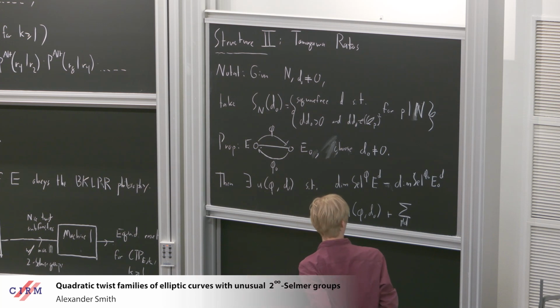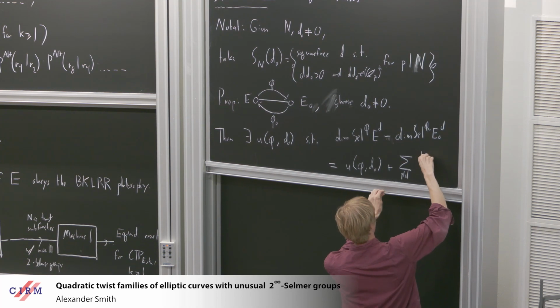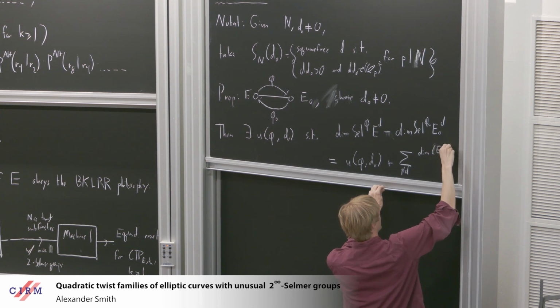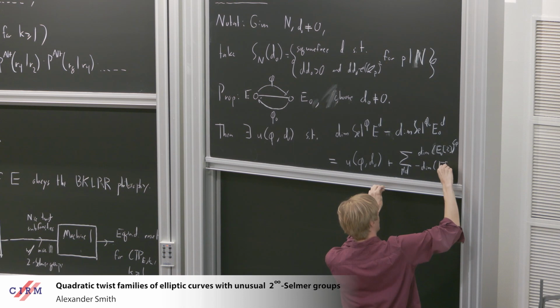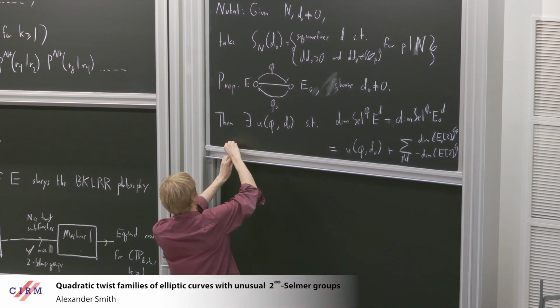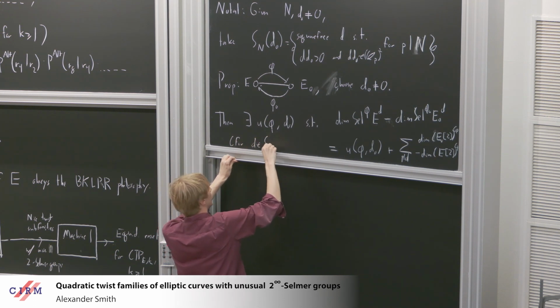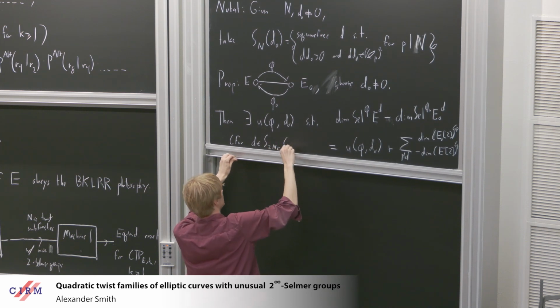I really wish I went to a new board for this, so sorry it's getting a little small here. But the dimension of the set of invariants of E naught[2], under G_p, minus the same for E. And this is going to hold for d inside of the set S_n, where n is going to be twice the conductor of E.